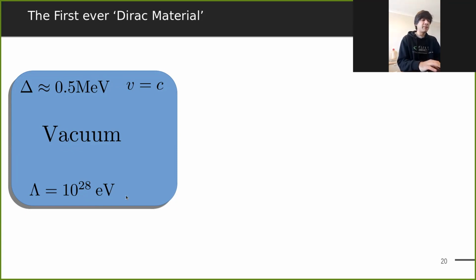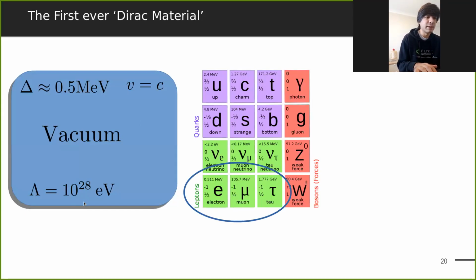And then the band velocity of this material is equal to the speed of light, and its cutoff is stupidly large, so it's almost infinity for experimental purposes. So when they talk about Dirac vacuum, they show you this complicated table of particles and stuff. But from a material scientist point of view, this is actually very simple to understand.